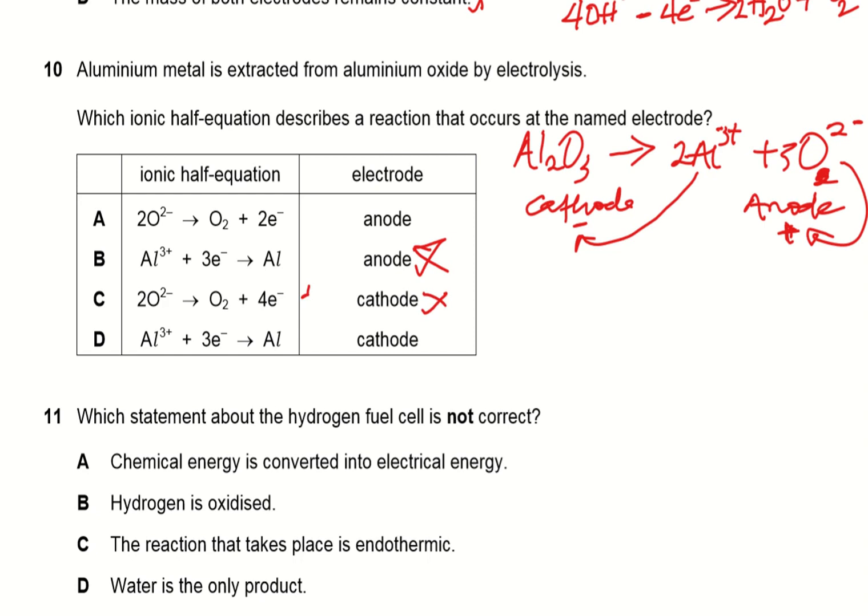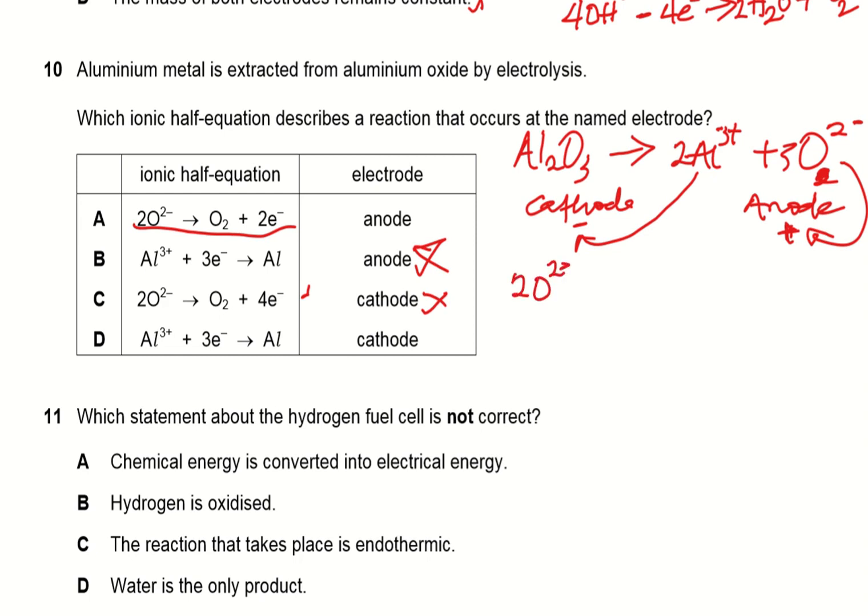So we have A and D left to consider. Looking at this equation, it is true that it shows oxygen will lose electrons. Let me rewrite the equation so you see what is written there.